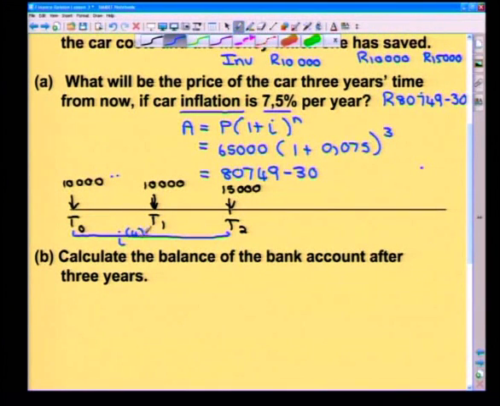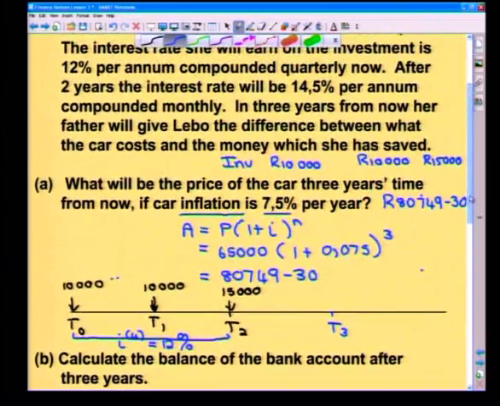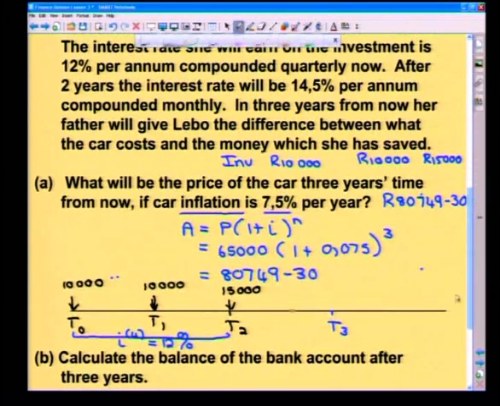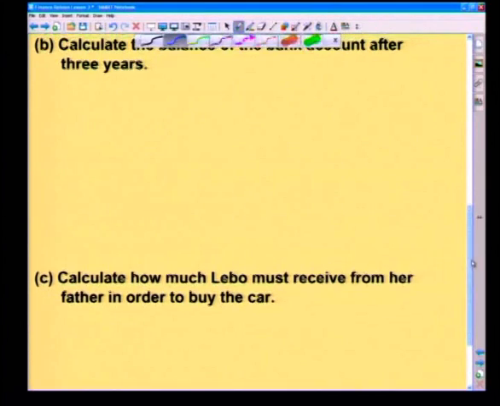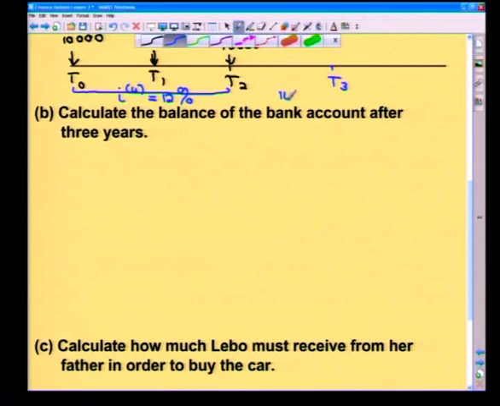I4 is 12%. Now we know she's going 3 years because after that her father is going to save her. So at this stage, in 3 years' time, the interest rate was 14.5% compounded monthly. So it is, whoops, too far. Let's bring it down a bit. 14.5% compounded monthly, for the rest of the time.